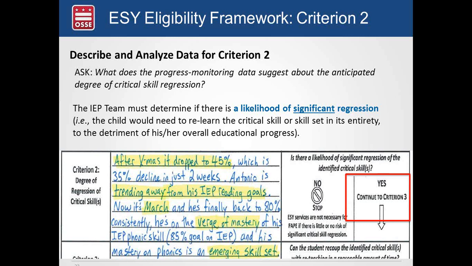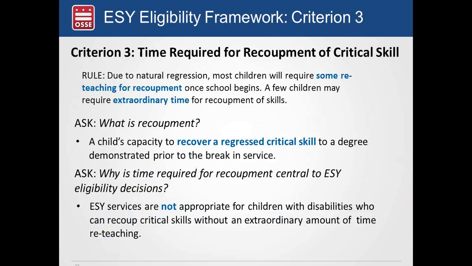Monday morning is always rough for everybody. You're trying to get back in the groove. You need a little bit of time for recoupment. Regression is normal, so regression alone is not an indication that a child needs ESY services. However, if there is a certain critical skill that they're struggling with where there is a high likelihood of significant regression, then you would say yes for this criterion and document that on the worksheet.